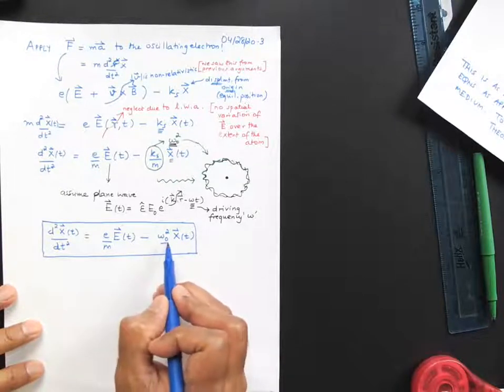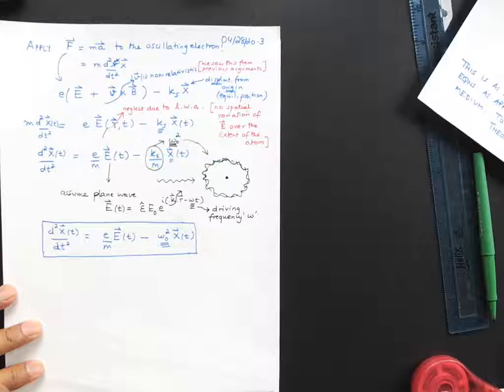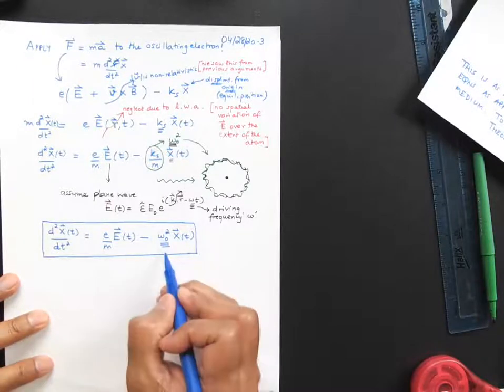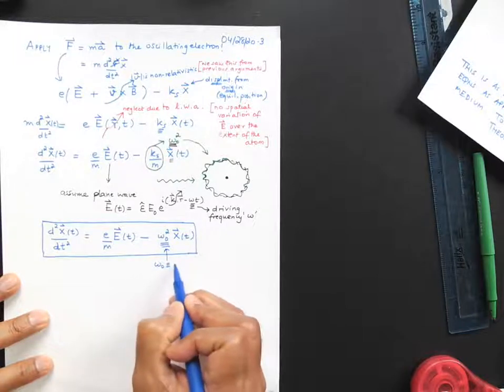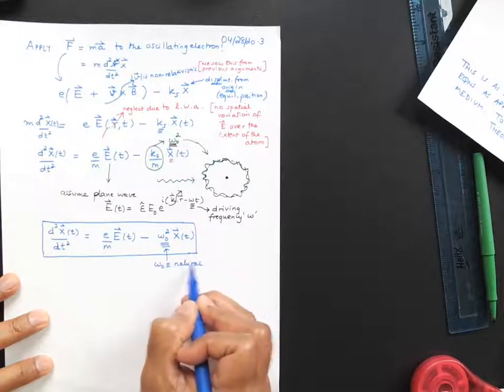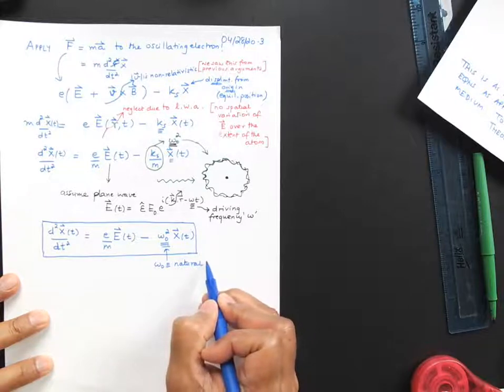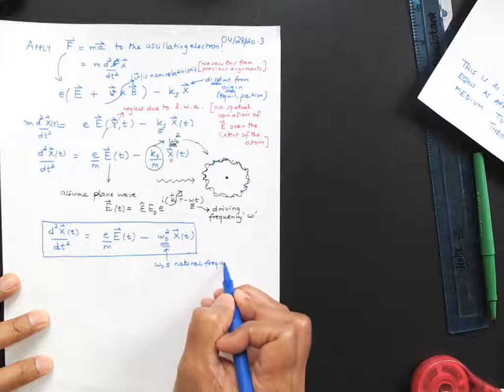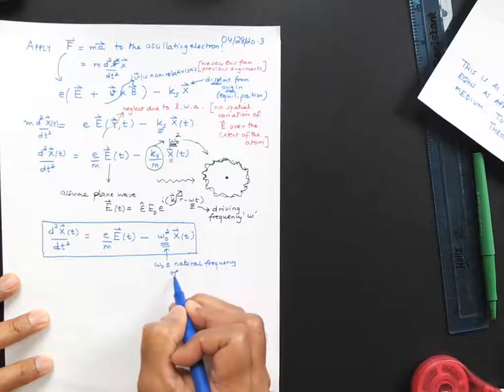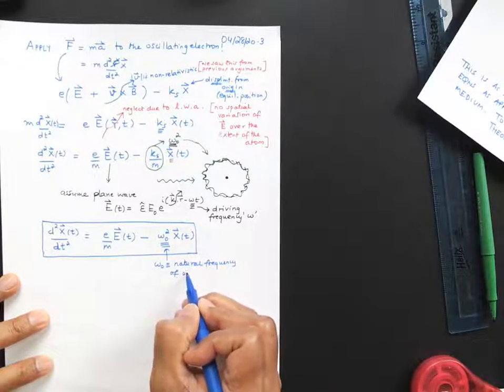That's the natural frequency of the electron, omega naught. That's important, omega naught is the natural frequency of the electron.